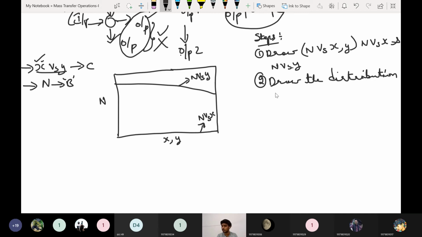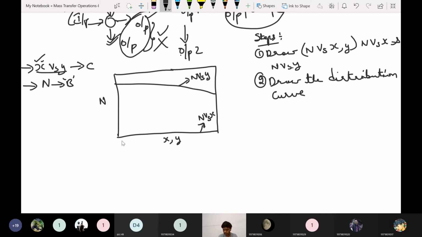Here it is popularly known as the distribution curve. Distribution curve means there is some distribution between two phases. Here the two phases are the raffinate phase and the extract phase. But in distillation, one is the top phase and the other the bottom phase, one the more volatile phase and one the residue phase. Like this we have defined them. So here it will be the distribution phase.